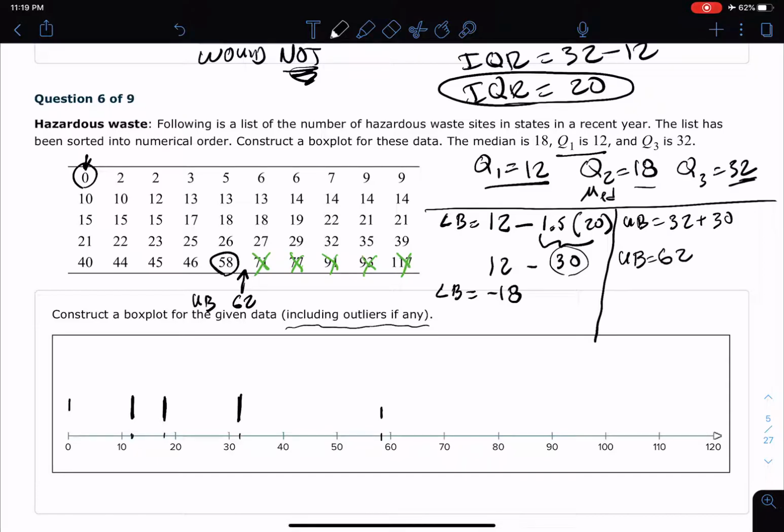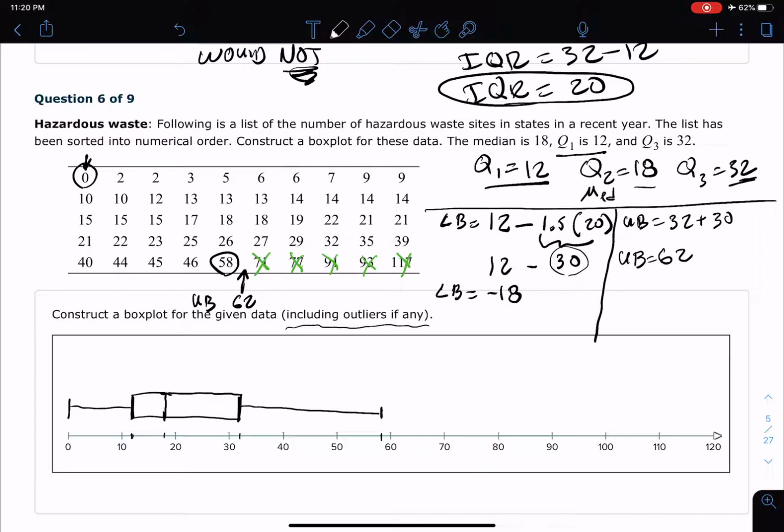This is my IQR right here that I'm going to make. A little shaky there. But there is my box and whiskers. It has all the important pieces: the minimum, maximum, and quartiles 1, 2, and 3.